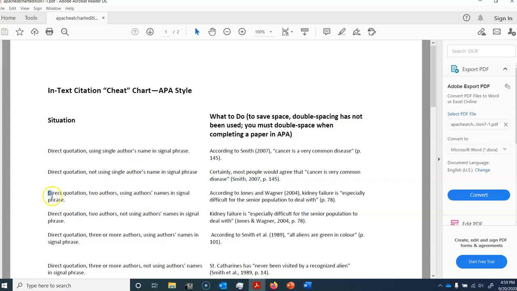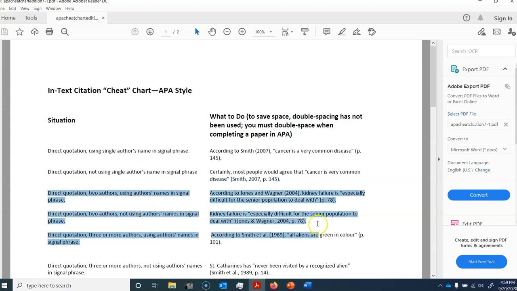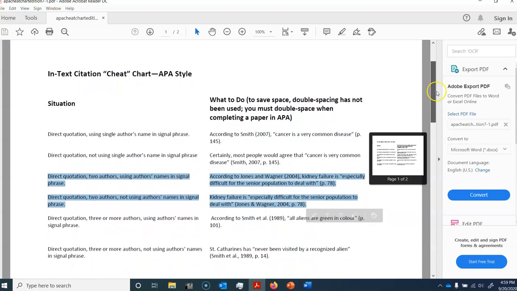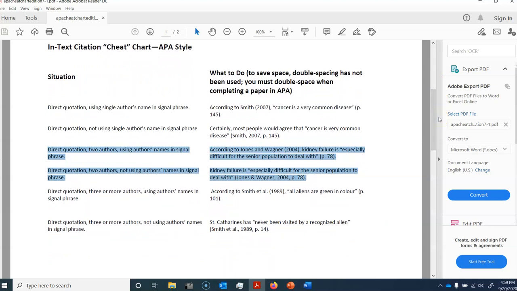Let's make it a little more complicated. This time we're going to take a look at what to do when you have two authors. When you have two authors, again, you're going to do something slightly different when you're using the names in your sentence versus not using the names in your sentence. If I am going to use the authors' names in my sentence, I'm going to put in both authors' names, and I'm going to include "and" between them.